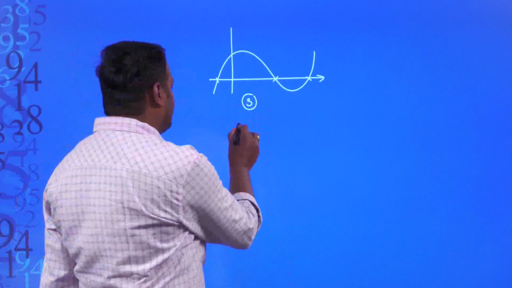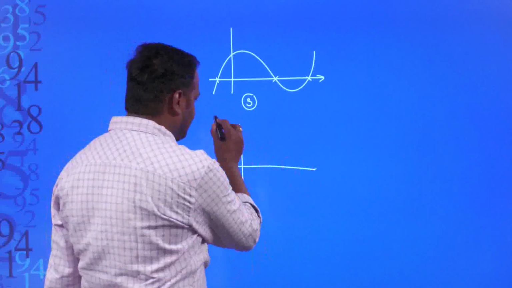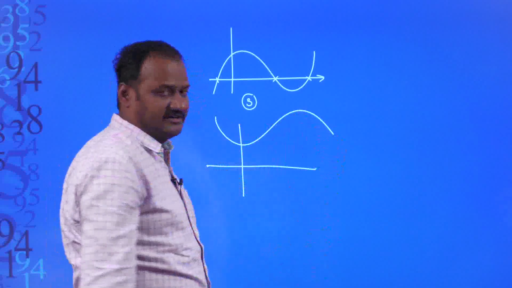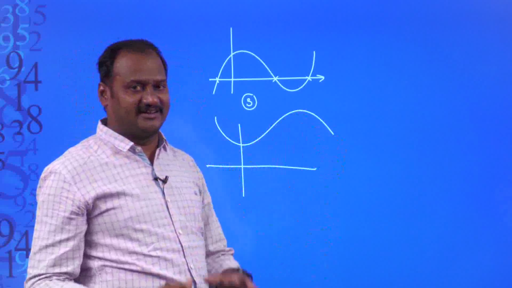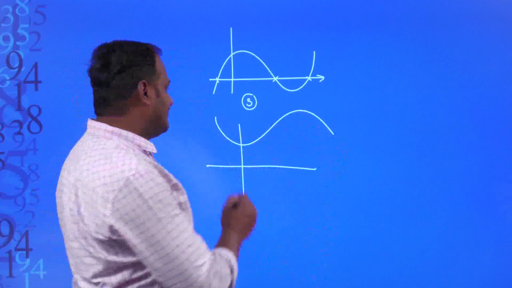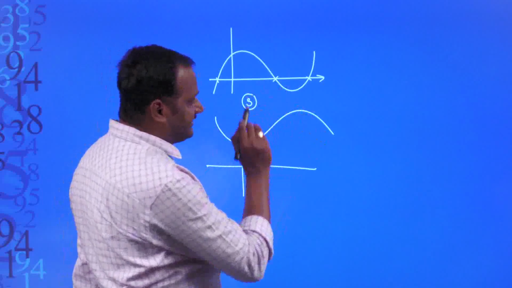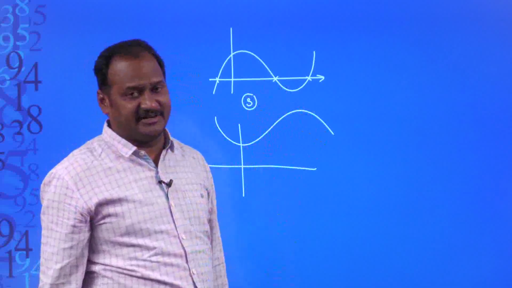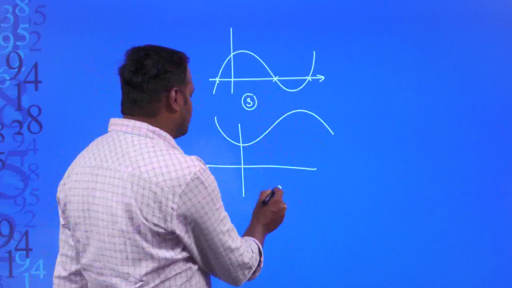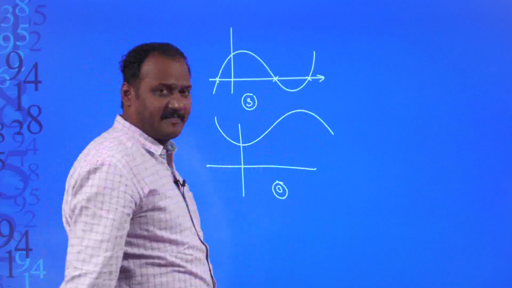For example, one curve is like this. This is one curve, and how many zeros are there for this curve? We can say that there are no zeros of the curve, because this curve never intersects x axis at any point. If the curve is not intersecting x axis at any point, then there is no zero of the polynomial. Understand?